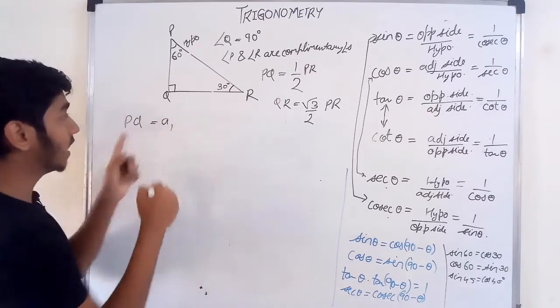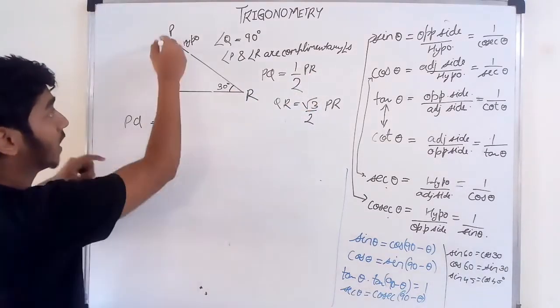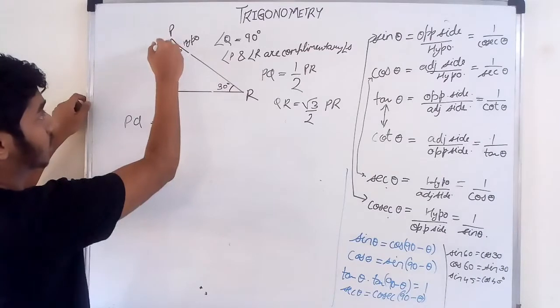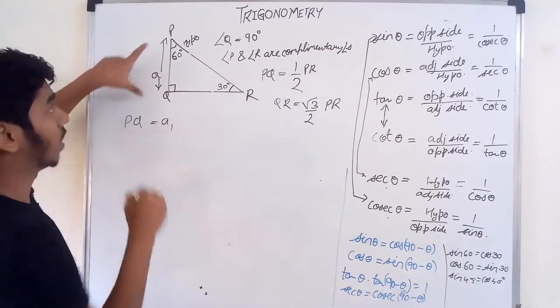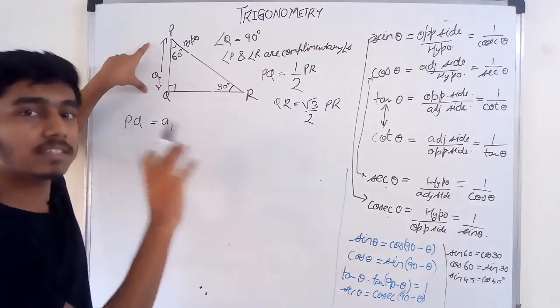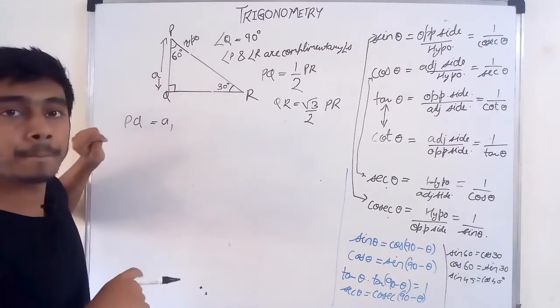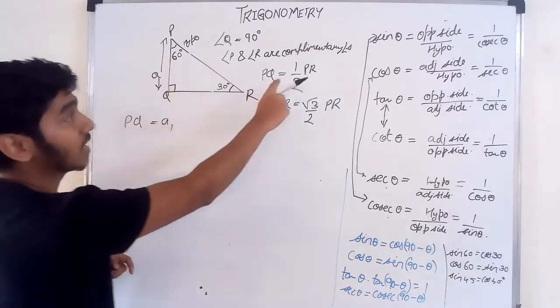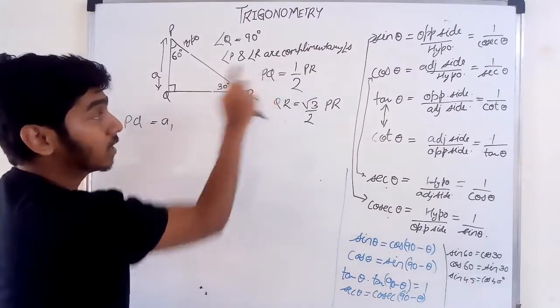Now what we'll take here is, let's take the lowest, which is PQ. So let's take PQ as A. If we take PQ as A, what will we get PR as? This side is of length A. Now if PQ is A, then PR will be 2 times PQ.